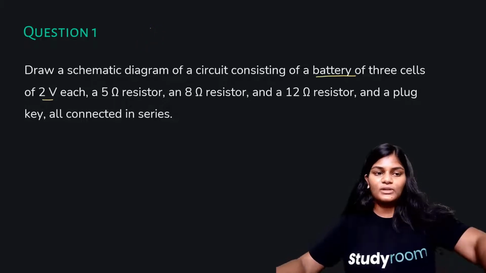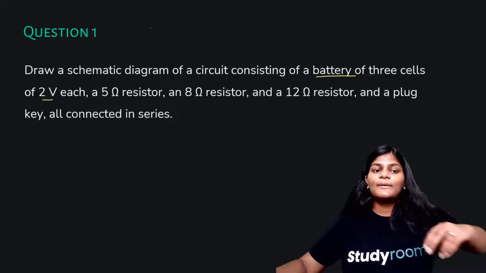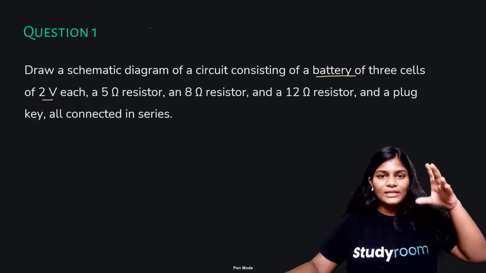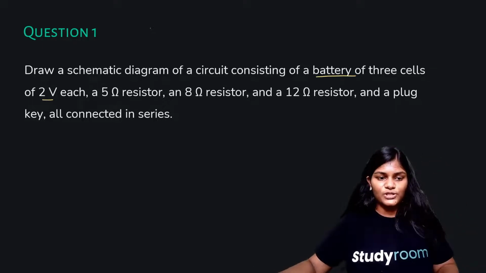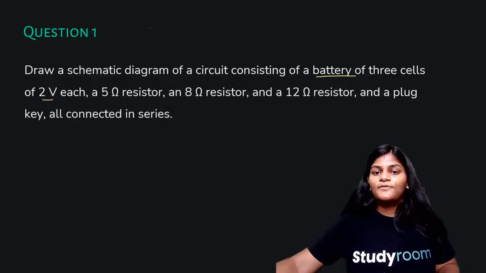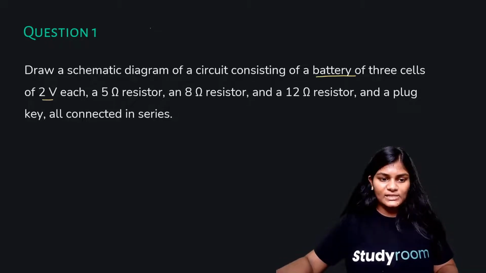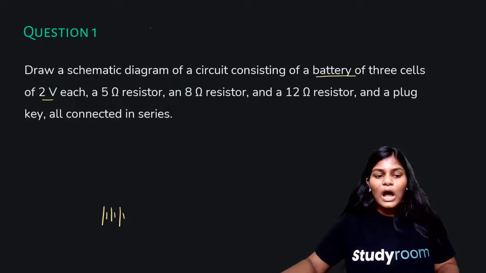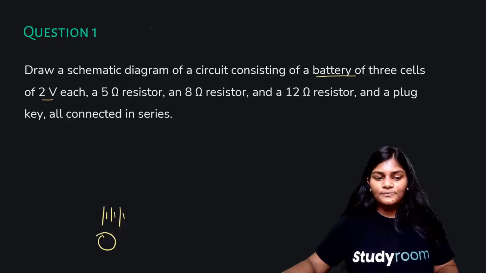Okay, let's go. So a schematic diagram basically means a circuit that you have seen in questions previous to this. Okay, we'll start in order of this only. So we have to first draw a battery of 3 cells. Great. So if I come here, this is my first cell, this is my second cell, and this is my third cell. Now, how many volts is this battery?